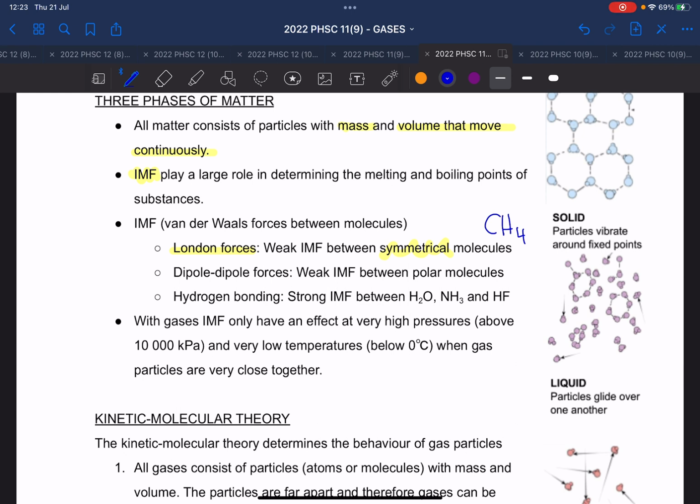CH4 is symmetrical because when it bonds, C on the periodic table is in group 4, right? Which means it has 4 valence electrons. H is in group 1, so it has 1 valence electron, right? So there's an H that bonds in each open space at the C.